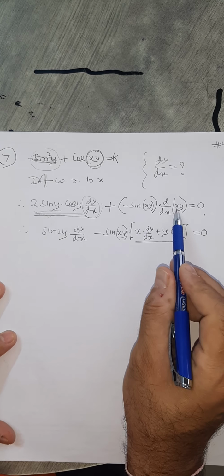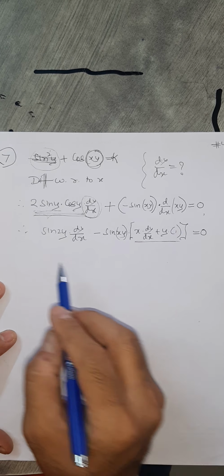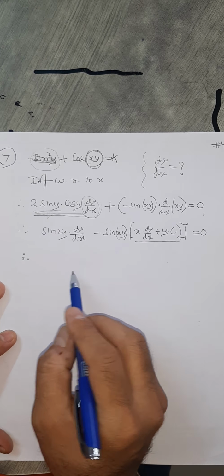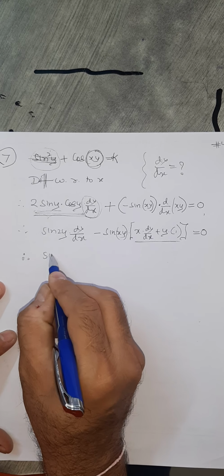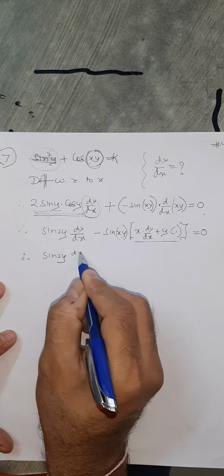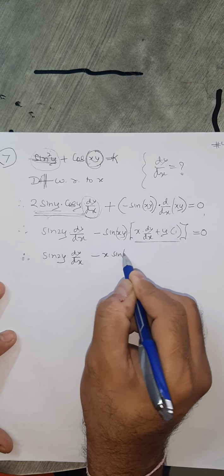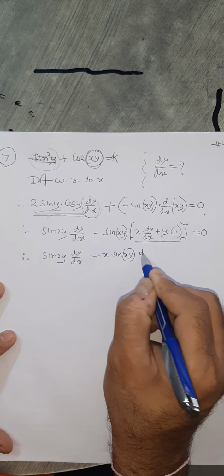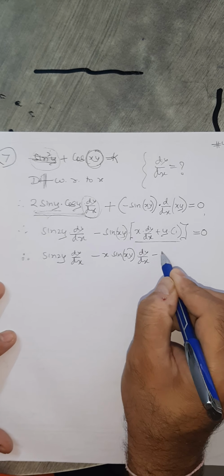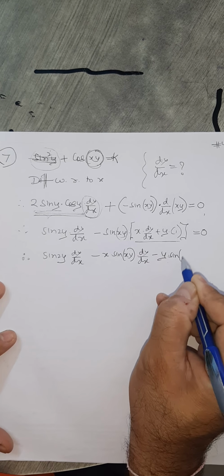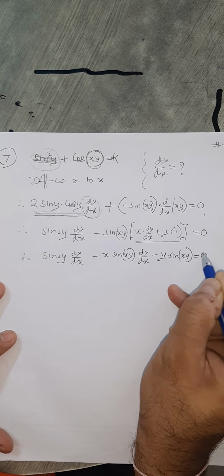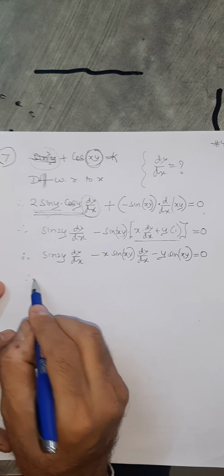These two terms because of this product rule, remember. Now simple algebra. You open the bracket and you collect all the terms having dy by dx in one bracket. Minus x into sine of xy into dy by dx minus y into sine of xy equals to 0. I have just opened the bracket.